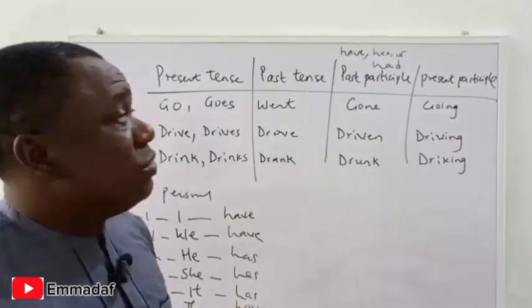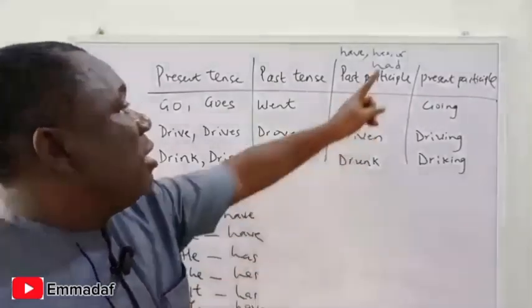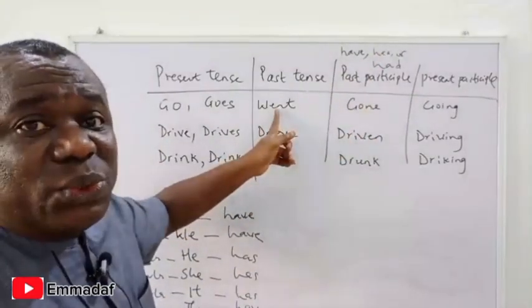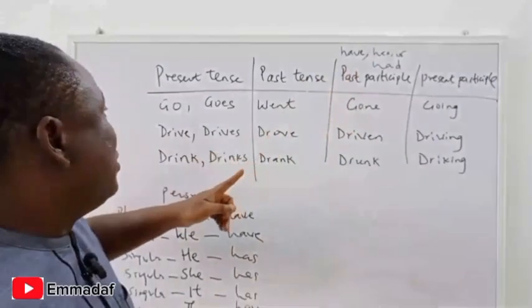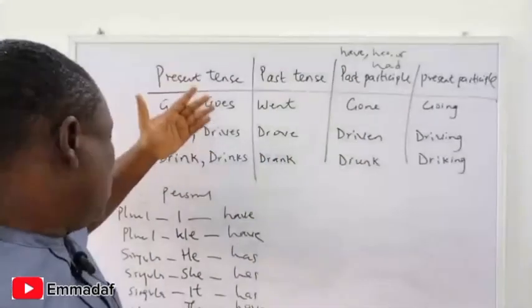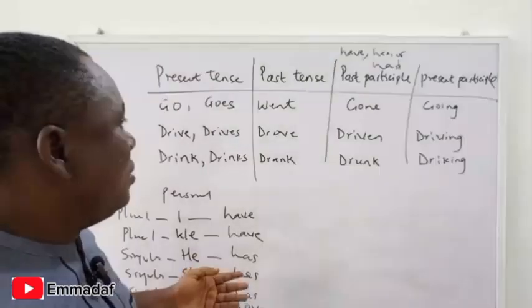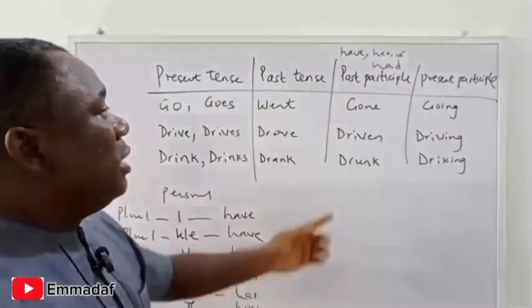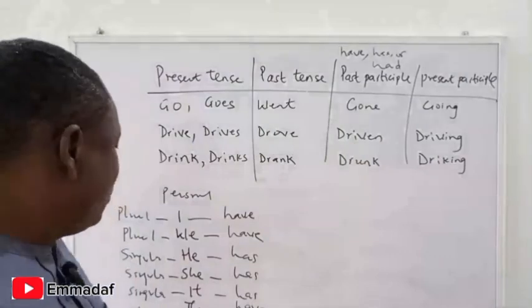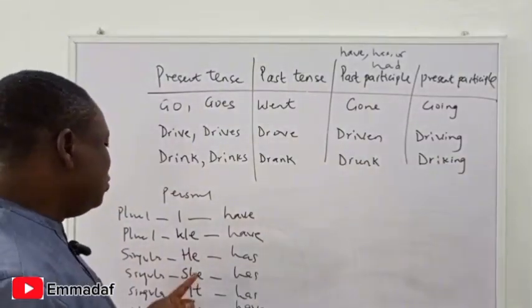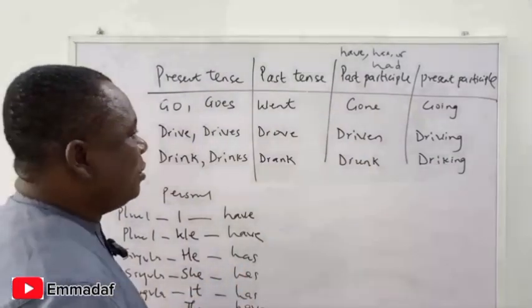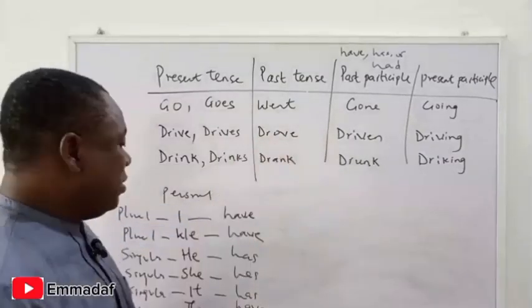He has gone to school. It's incorrect to say he has went to school. He has go to school. Or to say she has went to school. Let's use this. It's incorrect to say she has drove the car.